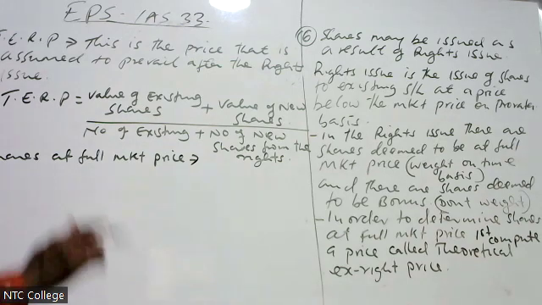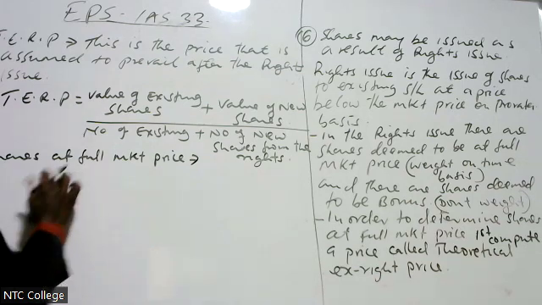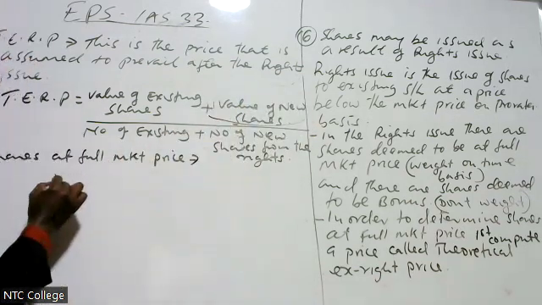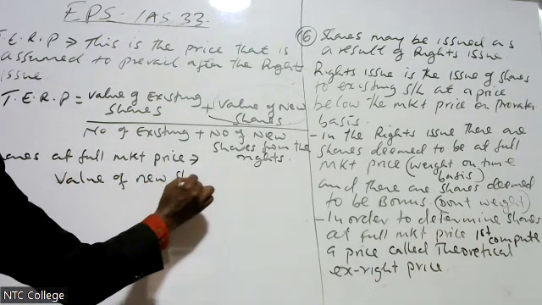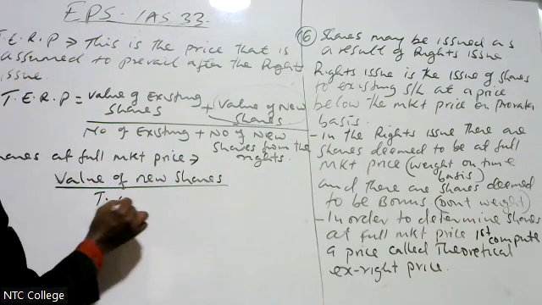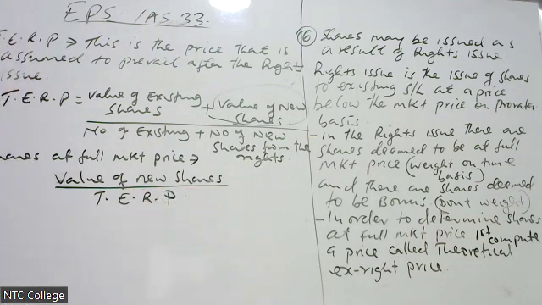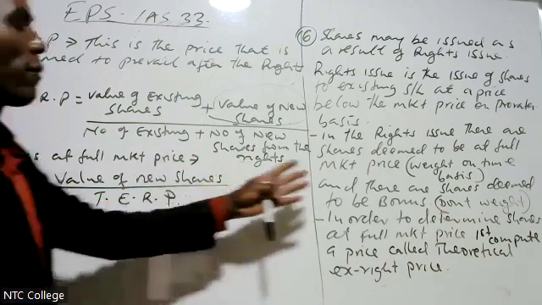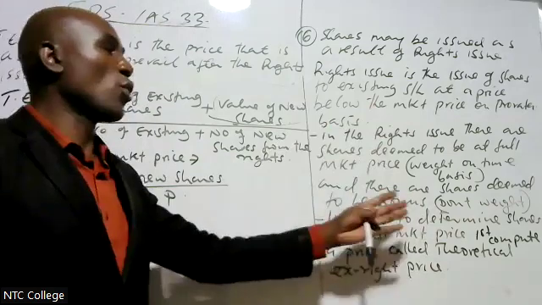Shares at full market price, you weight on a time basis. The bonus element, you don't weight.